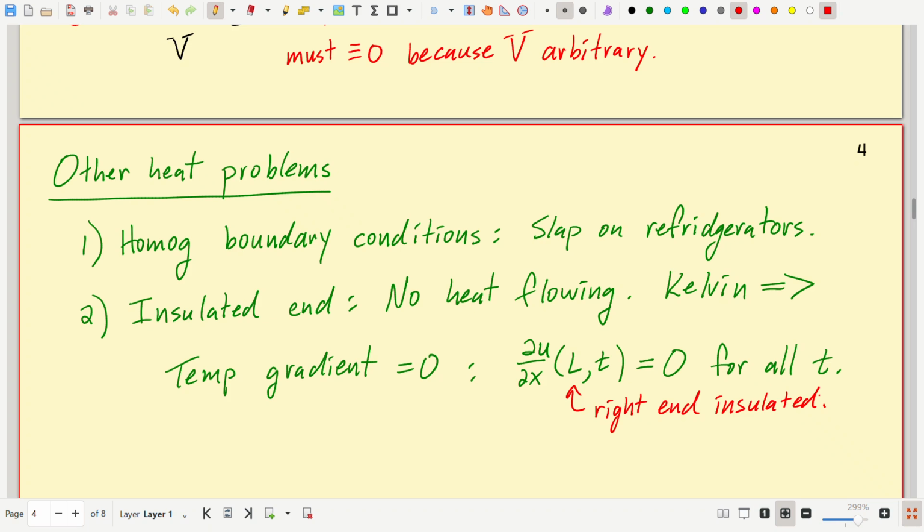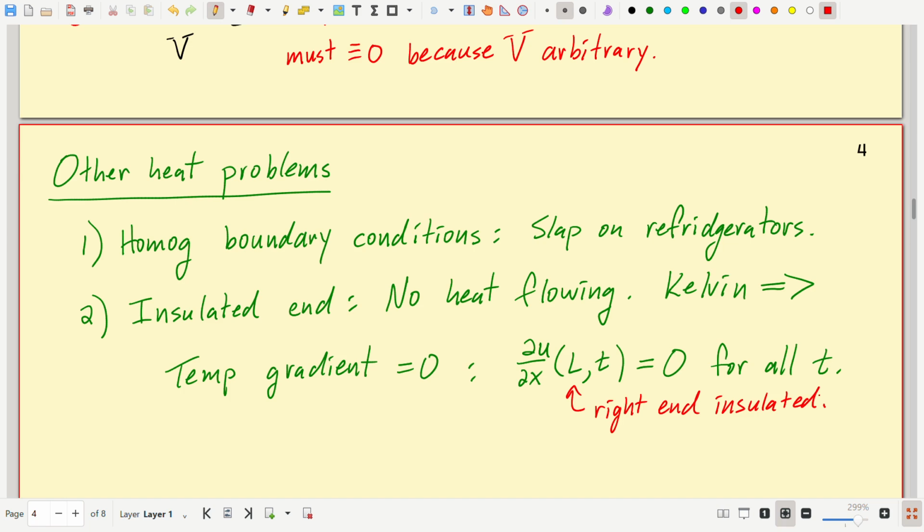And it's also interesting to think about what happens, for example, if I start out with the harpsichord shape pluck and the ends are insulated. Then you would expect the heat not to go away. It can't escape. So what would happen is the temperature would equalize. And guess what the limiting temperature is going to be? Take a wild guess.